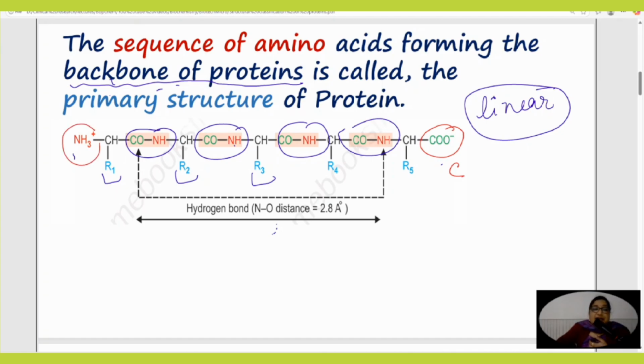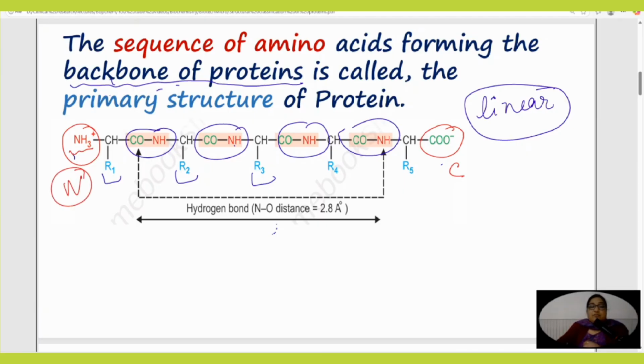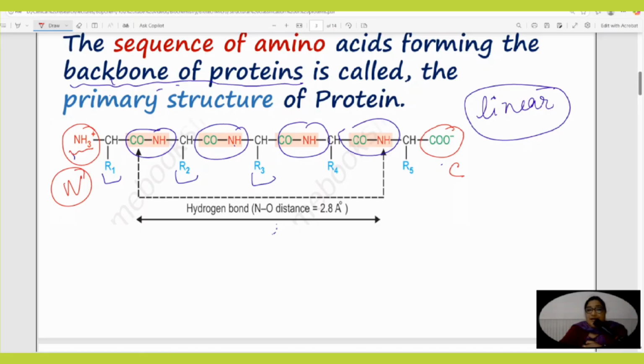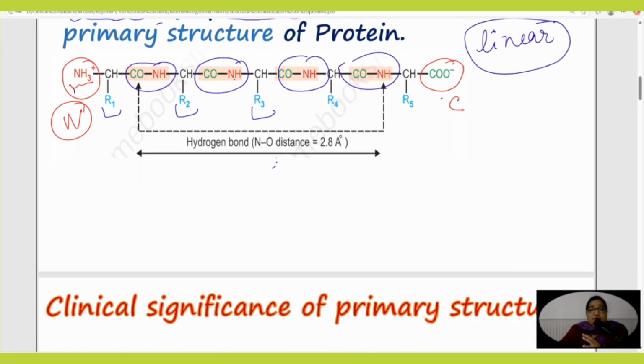And at the other end, you can see the N terminal end is free, the amino group is free, and it is known as the N terminal end. So yes, the linear sequence of amino acids is known as the primary structure of proteins.